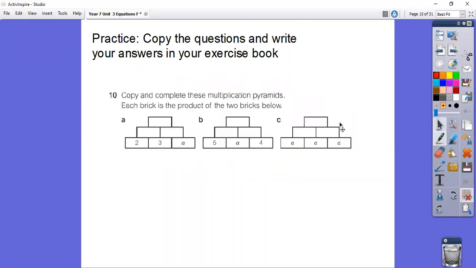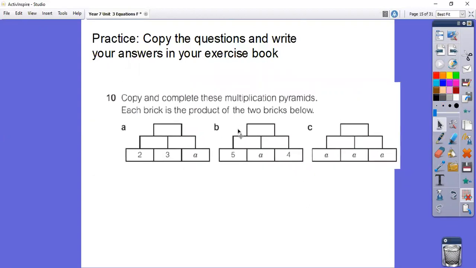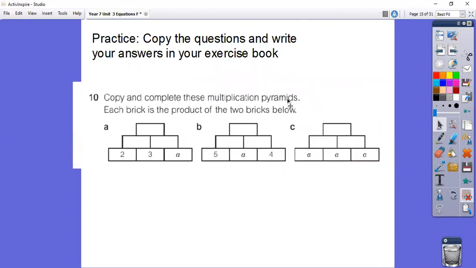The next question says copy and complete these multiplication pyramids. Each brick is a product. Now, the product means the result. So for example, 2 times 2 equals 4, 4 is the product.